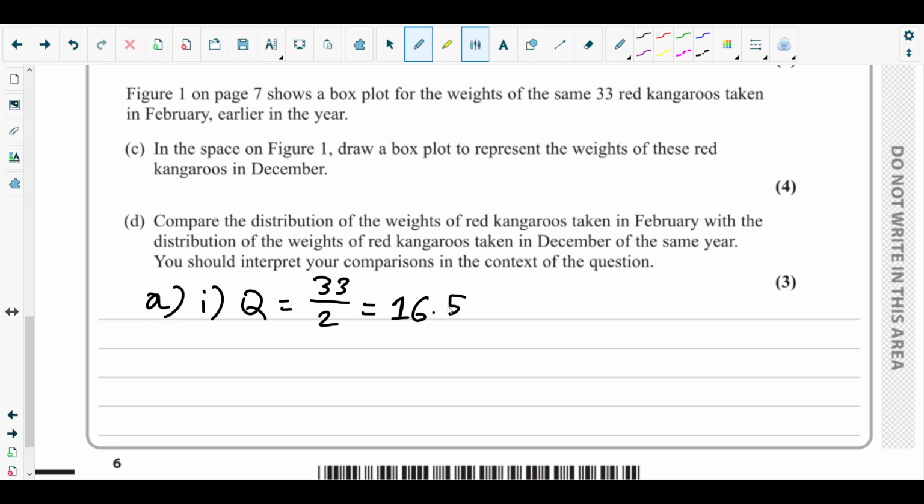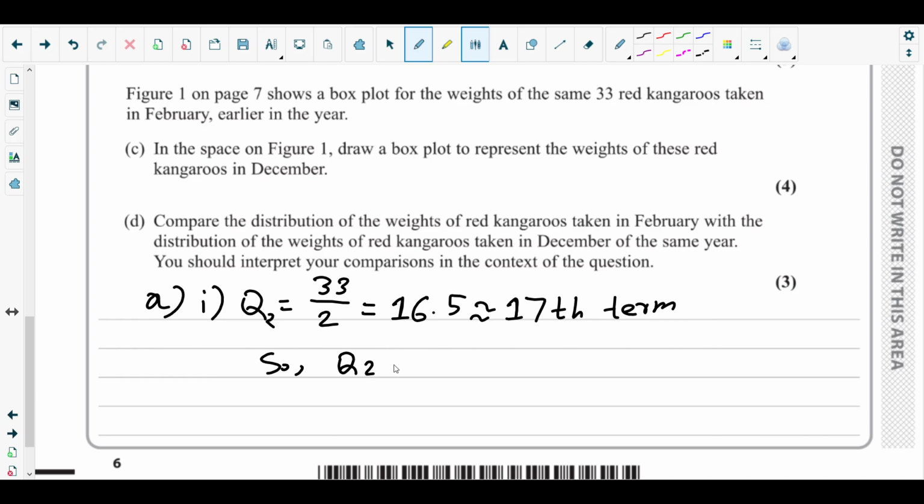It's clearly written in chapter 2 for the median: if the total number of data is odd, then you will get a decimal value for the nth term of the median. If you get a decimal value, then we need to round it up. Always round up. That means 16.5 should be the 17th term.